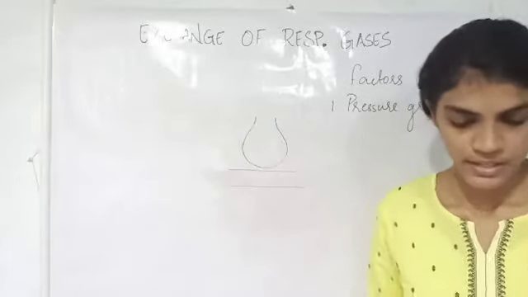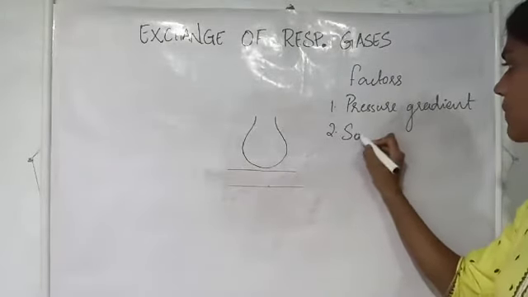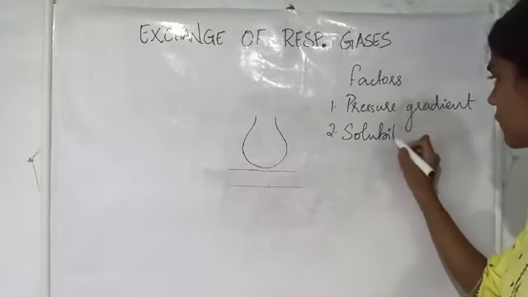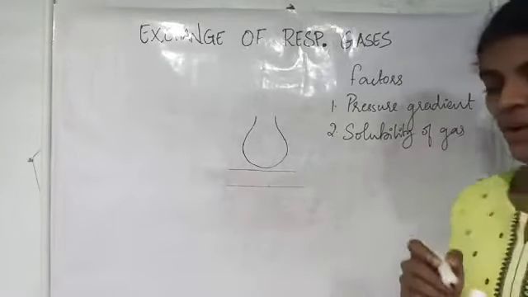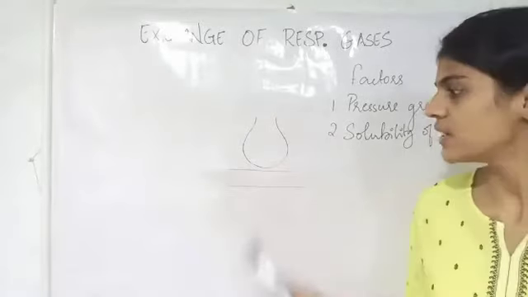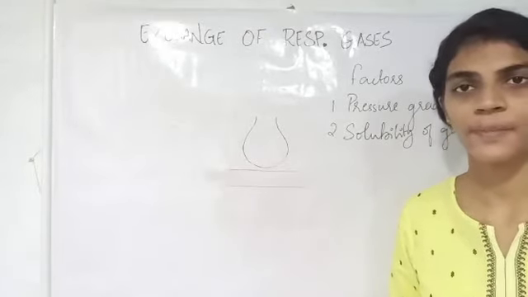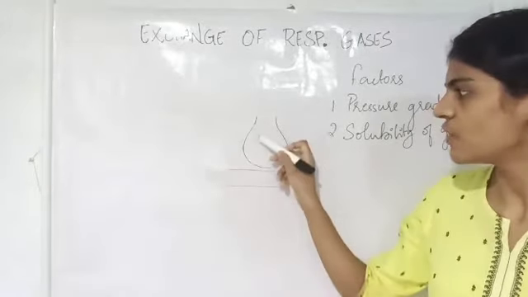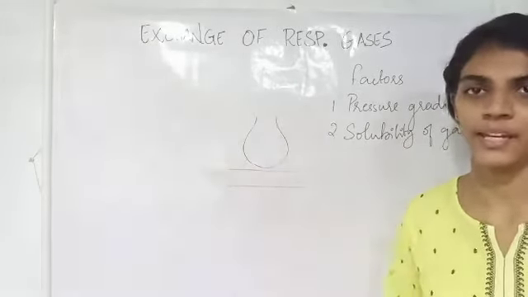The next factor is solubility of gas. Why is solubility a big deal here? We know that there is fluid lining inside the alveoli, right? So whatever air is coming into the alveoli has to cross this fluid lining.